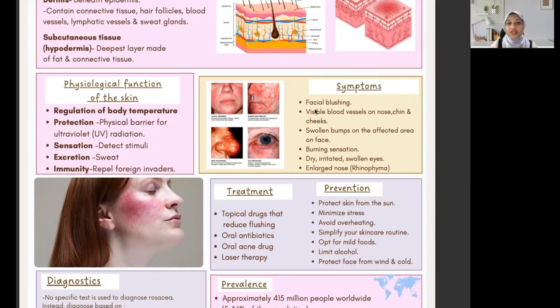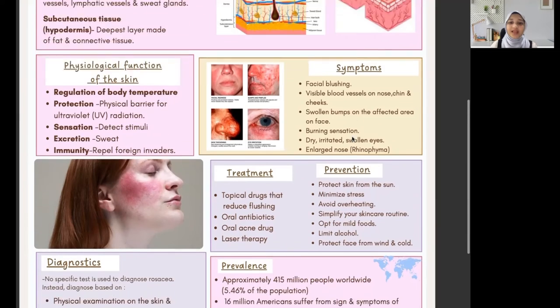Next is sensation. Skin helps us to detect stimuli such as temperature, pressure, and pain. Next is excretion. Skin helps us to excrete a small amount of salt and some organic substances through sweat. And finally, immunity, where skin protects us from foreign invaders such as bacteria and viruses.